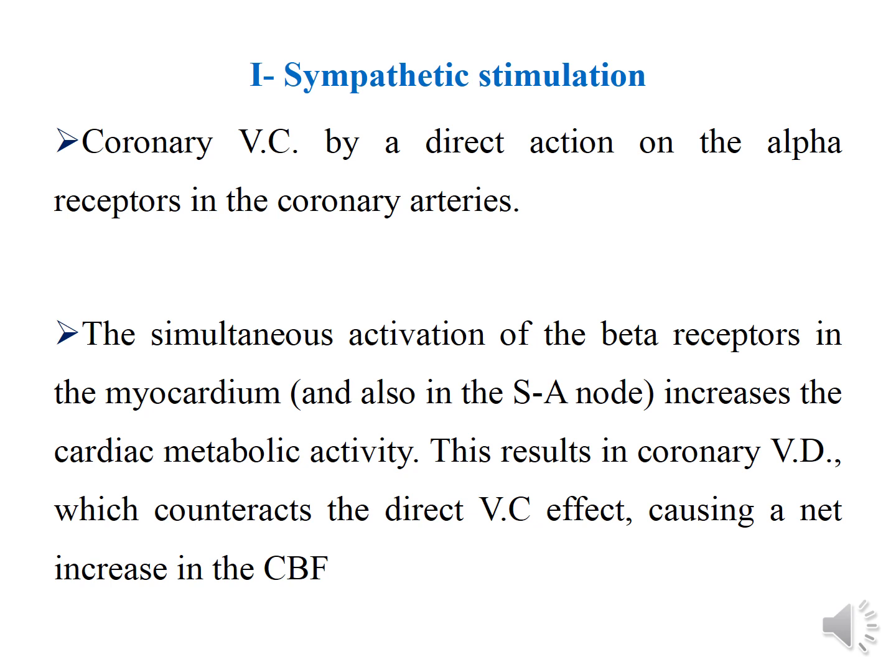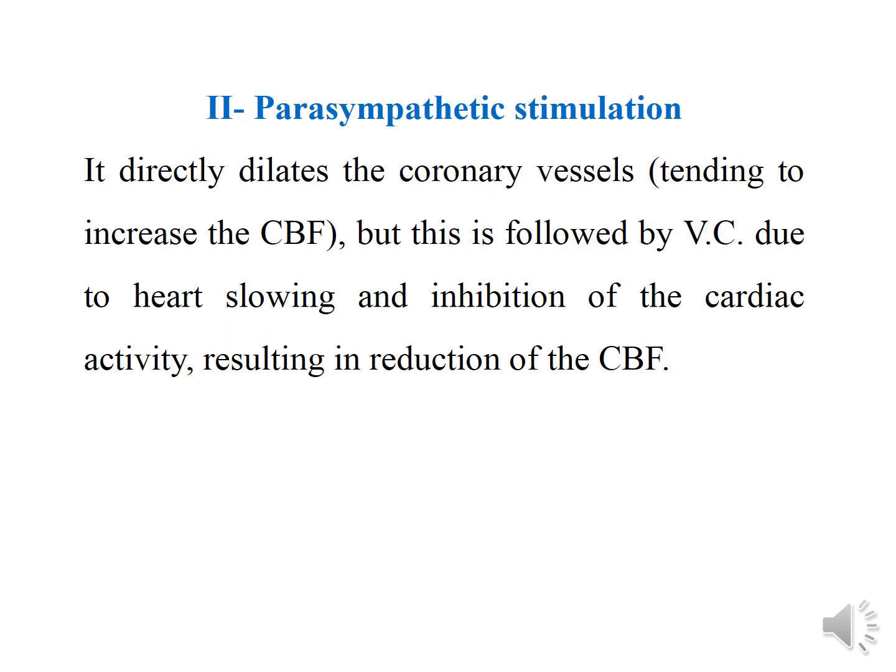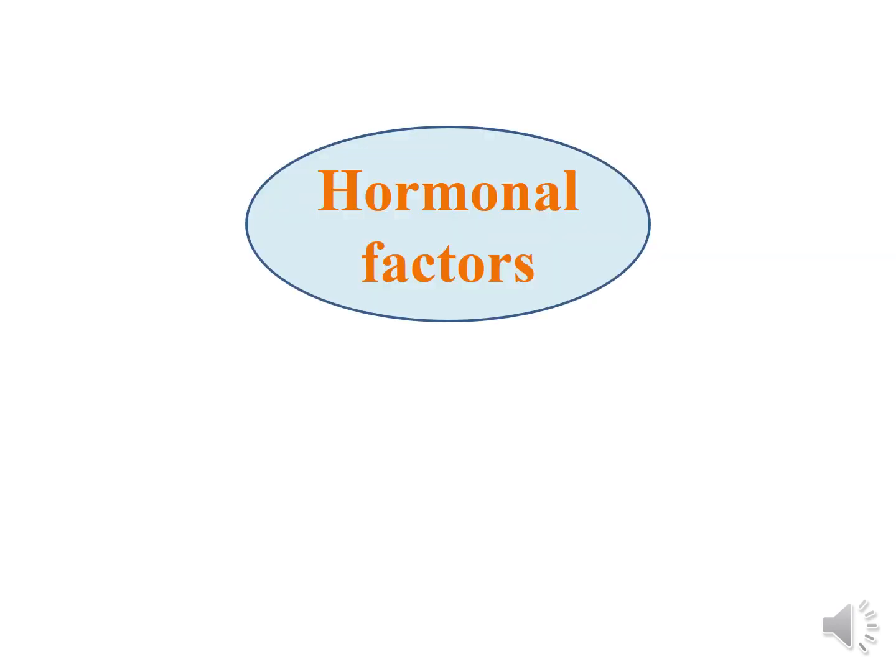This results in coronary vasodilation, which counteracts the direct vasoconstrictor effect, causing a net increase in coronary blood flow. Parasympathetic stimulation directly dilates coronary vessels, tending to increase the coronary blood flow, but this is followed by vasoconstriction due to heart slowing and inhibition of the cardiac activity, resulting in reduction of coronary blood flow.